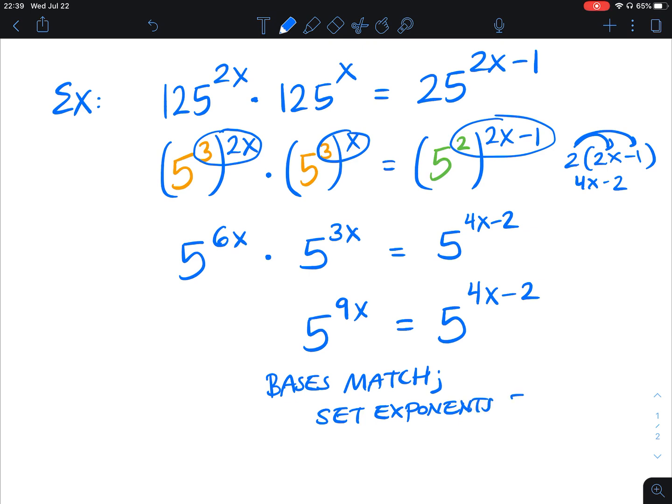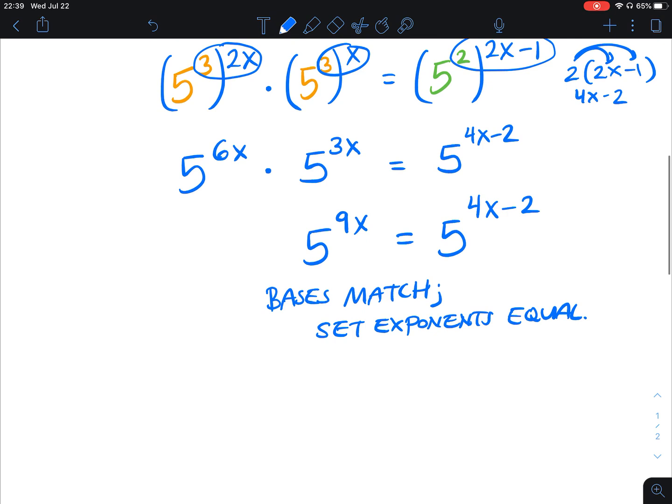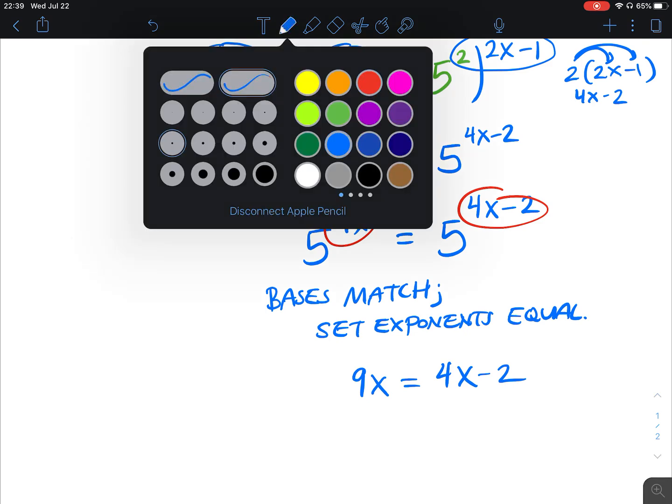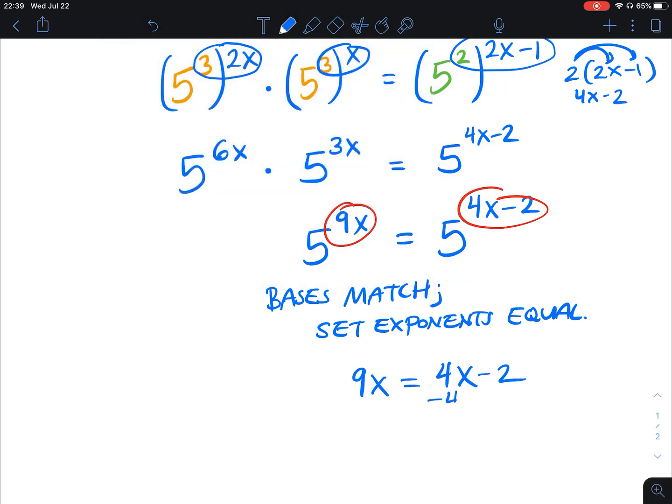So we'll set the exponents equal. That's going to give us a linear equation. We're going to have 9x equal to 4x minus 2 once we take the exponent on the left and set it equal to the exponent on the right. Let's just finish solving this linear equation. I'll move all my x's to the left, giving us 5x equals -2.